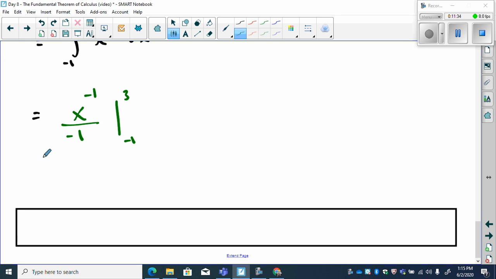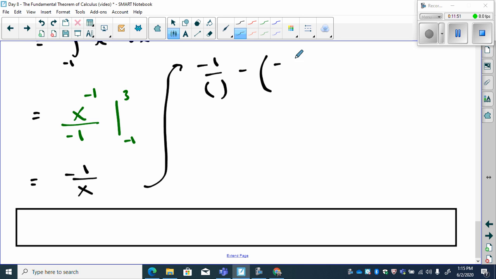And when I solve this, you could write that as -1 over x, which would equal -1 over 3 minus -1 over -1.